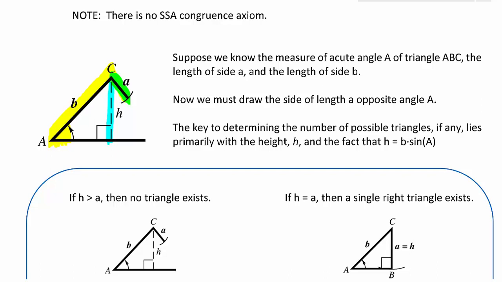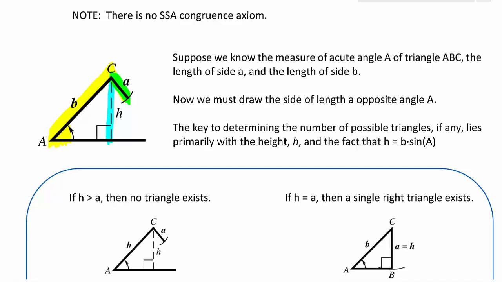So the shortest possible length for that side a, which is highlighted in green, has to be equal to h. It might be bigger than that, but if side a is smaller than that, then it's not going to close and create a triangle. And it is true that h is equal to b times sine A.